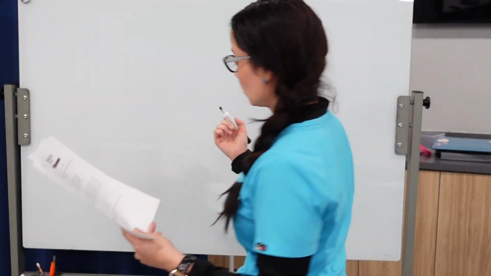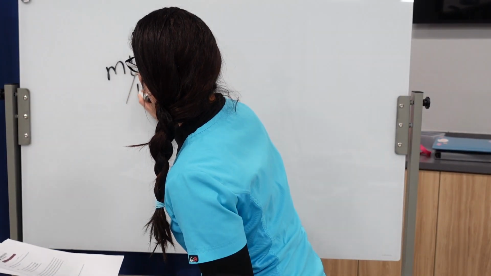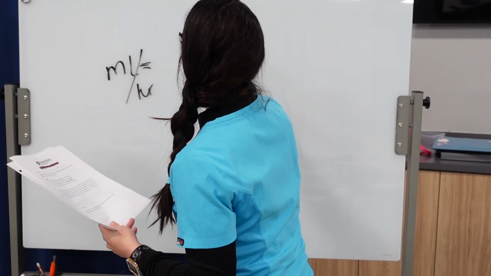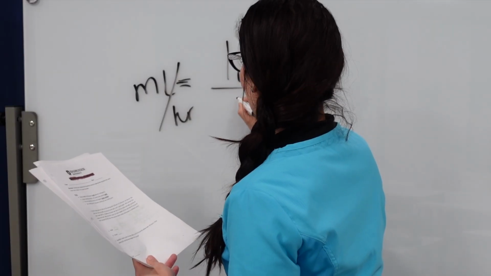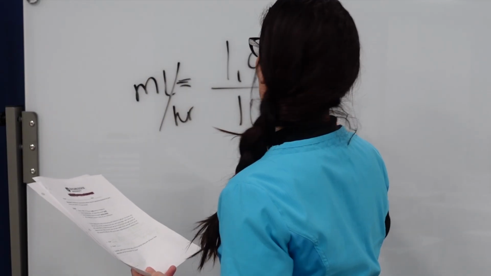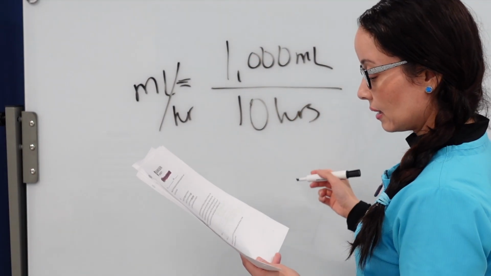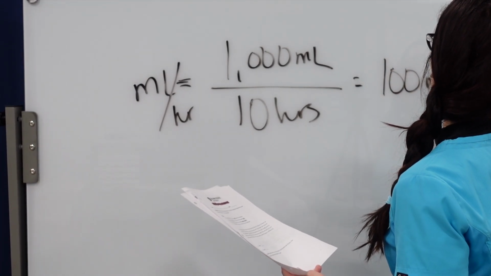So all you have to do is we're looking for milliliters per hour equals 1000 milliliters that's going to run over 10 hours. It's already in the unit of measurement that we are looking for. When you divide this, you get 100 milliliters per hour.